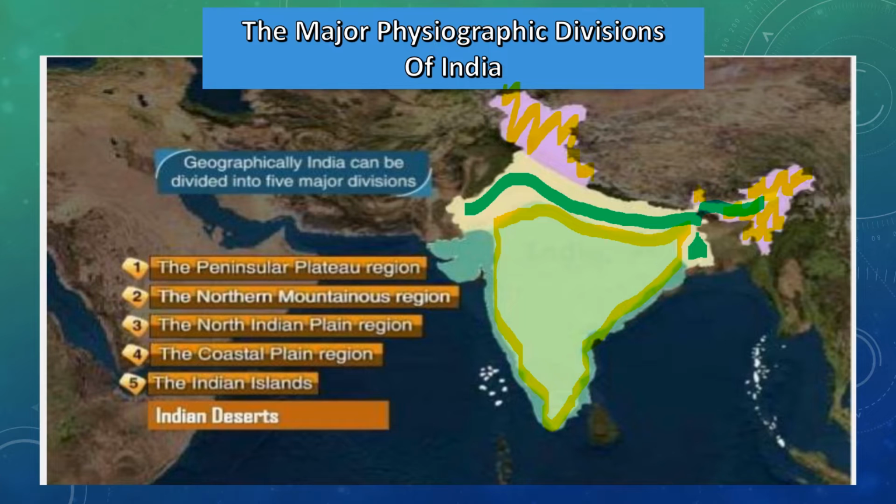This region is the coastal plain. Touching the sea is your coastal plain. Then you have the Indian island cities or states which are here.